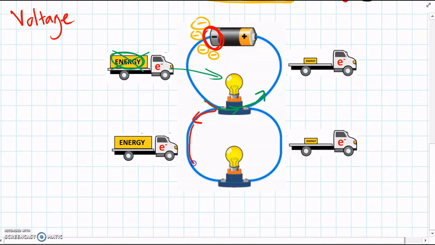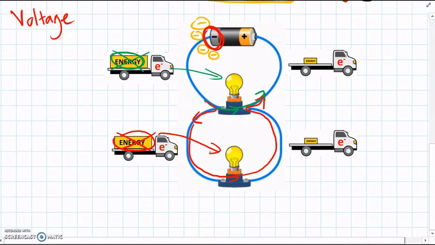And then the red electrons, they're flowing down this part of the circuit and they only pass through one light bulb as well. And then they come back up and they join back to the main part of the circuit. So these electrons, they only dump their energy in one light bulb too.